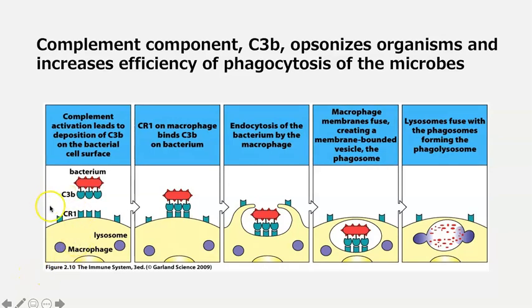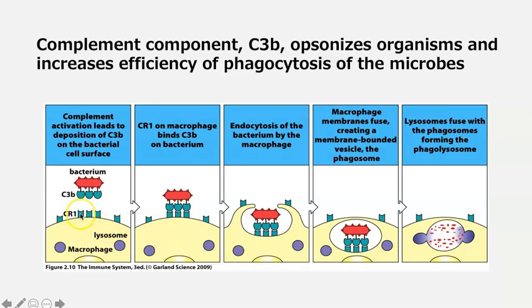Opsonization makes the interaction of the bacterium with the phagocyte an example of receptor-mediated endocytosis. Note that this bacterium in red is coated, and it will be the entire thing that will be coated with C3b, which is the complement-derived opsonin. Note that there are receptors for the complement opsonin C3b on the surface of the phagocyte.